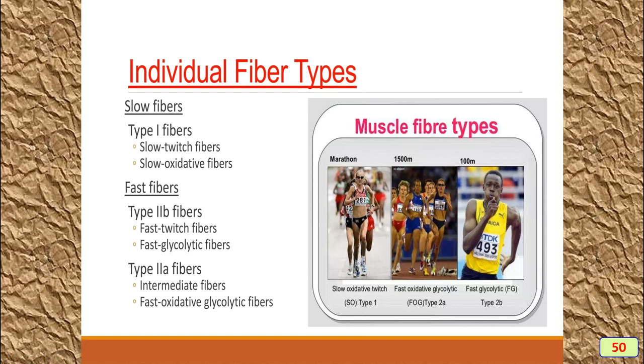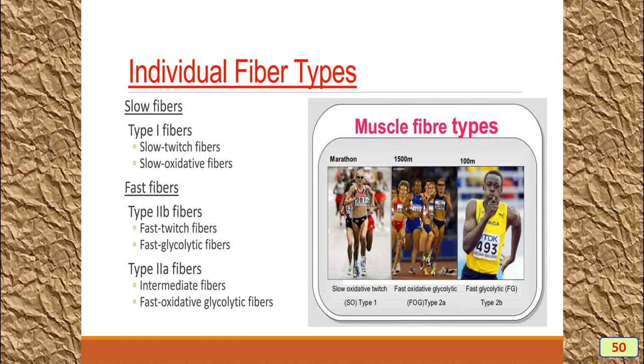So the individual skeletal muscle fibers are classified into slow fibers, fast fibers, and another type, type 2 fibers. For example, these are the slow fibers or slow twitch fibers and slow oxidative fibers.